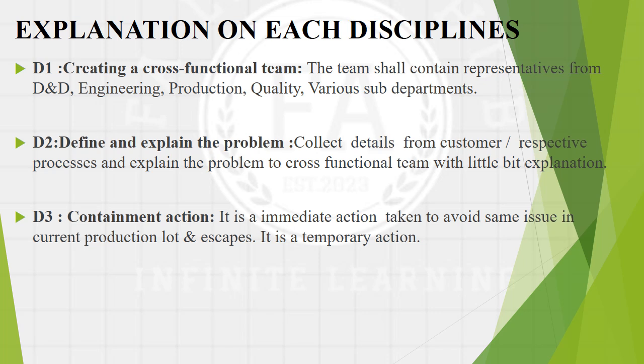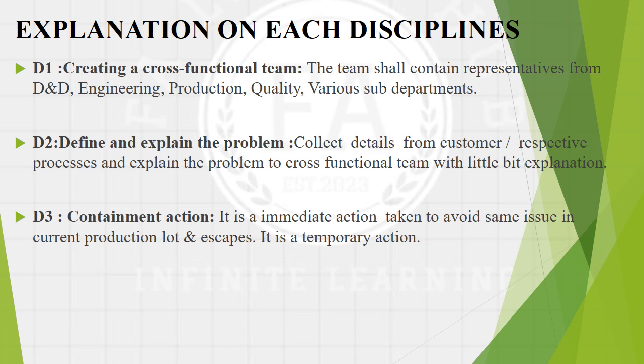How many quantities are affected, what storage conditions you have followed, at what stage the issue was observed. After getting all this information, we can define the problem, what the problem is, then we can explain this problem to the cross-functional team. Mostly this role shall be done by the QA engineer actually.